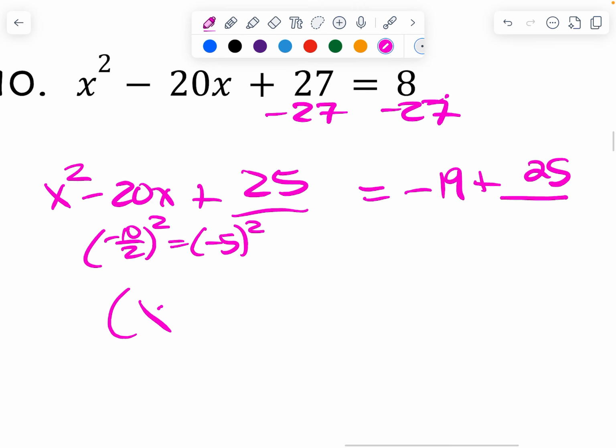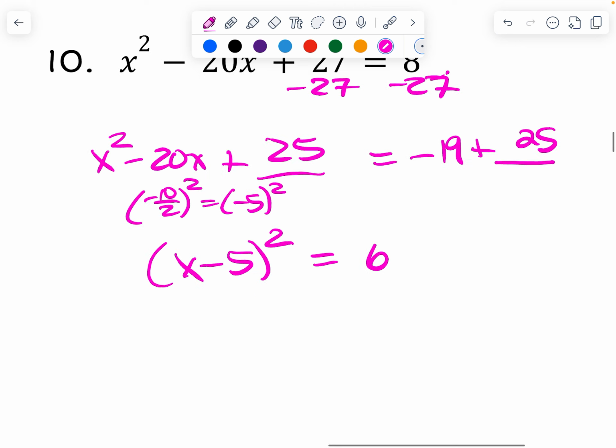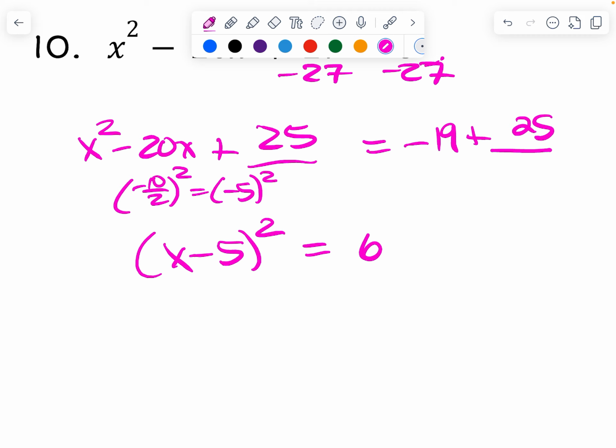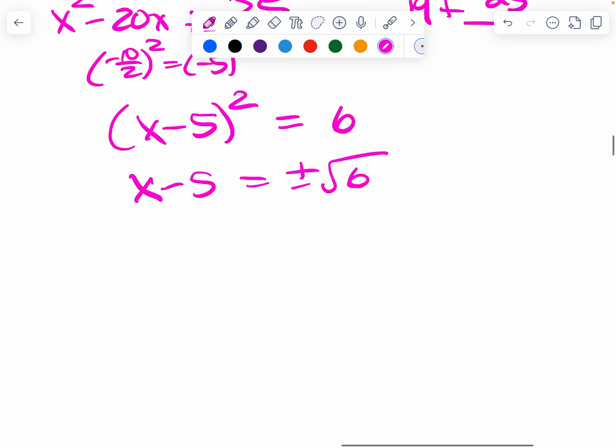So this would be x minus 5 all squared equals 6. Take the square root of both sides and get x minus 5 equals plus or minus the square root of 6. Add 5 to both sides and get 5 plus or minus the square root of 6.